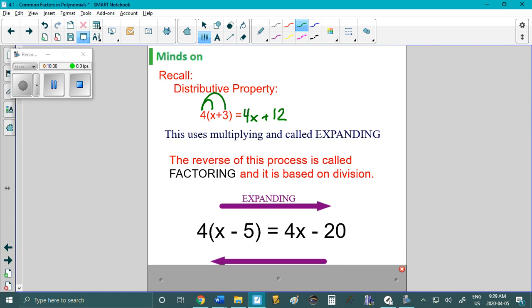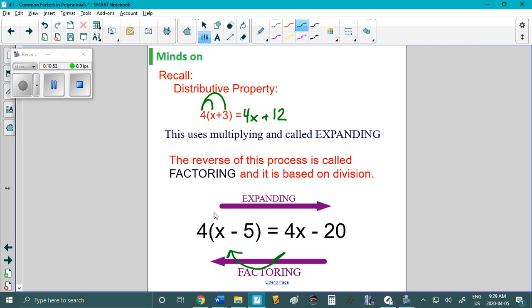So expanding goes in the direction from this with brackets. We get rid of the brackets. Factoring, we go from the expanded, and we take it back into its original brackets. You can imagine this way, the factoring part is harder because you have to figure out what it was. Whereas expanding, you just multiply and the answer's there.